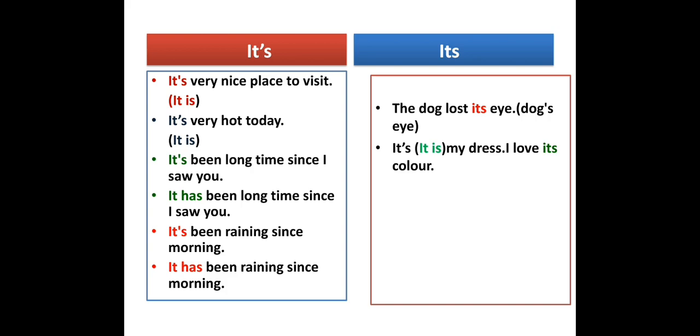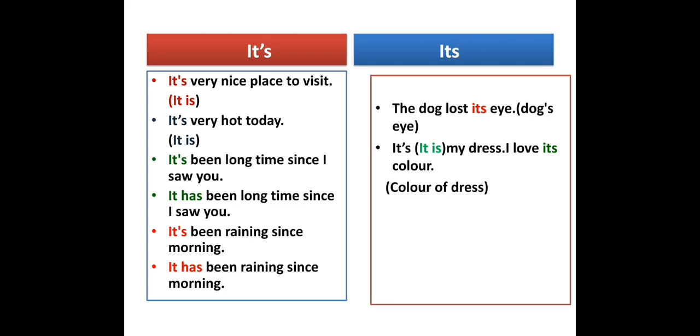Now, it's my dress, I love its color. Here in the first part of the sentence, it's, it apostrophe s, is a contraction for it is my dress, and I love its color. And in the second part of the sentence, its, that is its without apostrophe, is used for the color of the dress. Okay, so it's my dress, it is my dress, I love its color.